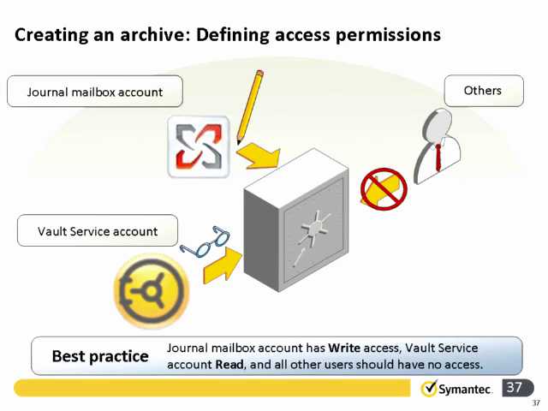The journal mailbox account itself, and you will have created a journal mailbox account on the Exchange server in order to have a journal mailbox, needs to have write access. And for anybody else, they're only going to need no access. So you shouldn't really let anybody other than the journal mailbox and the Vault Service account have access to the journal archive.